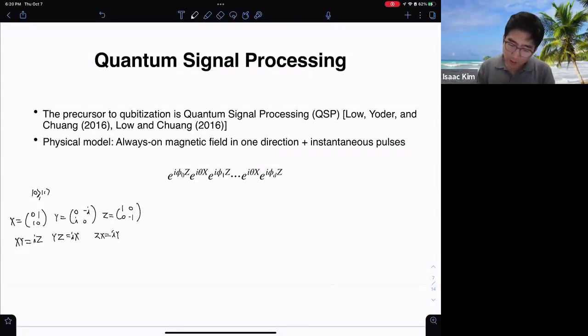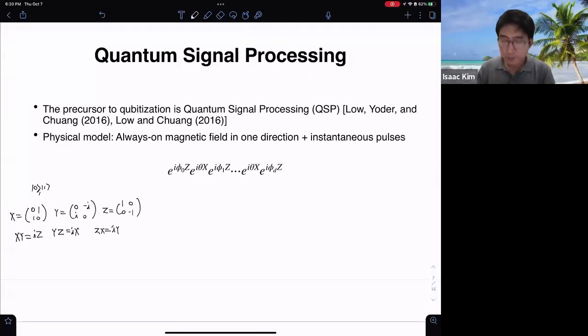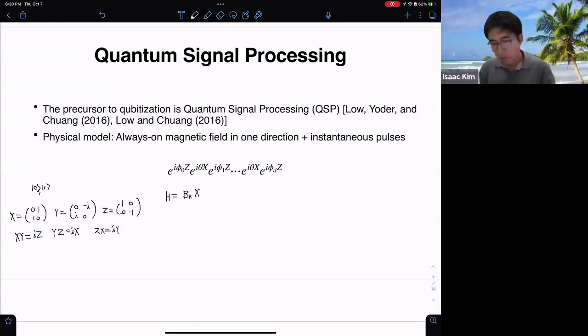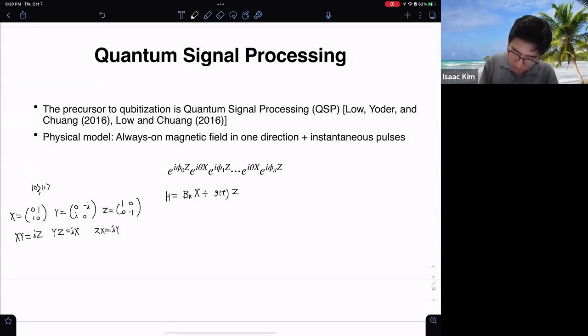The problem that we're going to consider is the following model. Imagine you have a constant magnetic field in the X direction, so you have a Hamiltonian with this term, and you have a time-dependent magnetic field. Think of it as a burst of pulse, G of t times Z. If you plot G of t, it'll look like this.